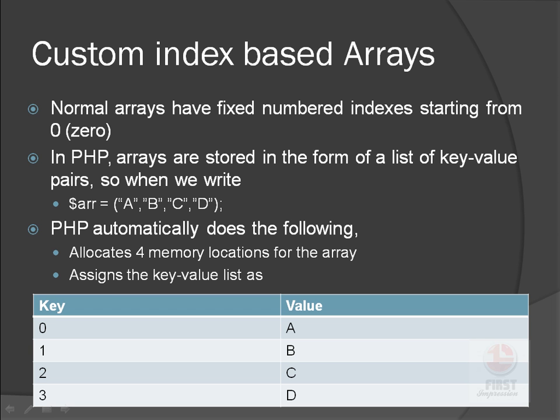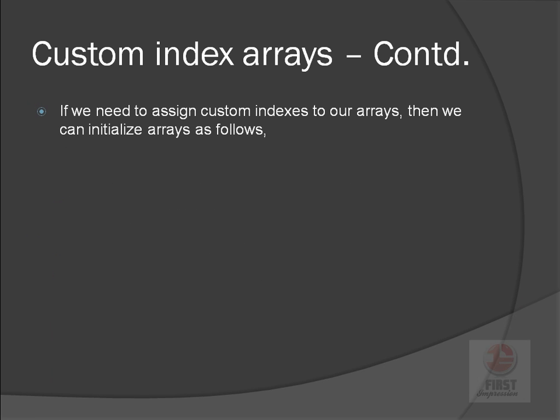So if I say $ARR[0], it indicates that I want to access the 0th key of the ARR array, and that has a value of A. If I say $ARR[4], that indicates I want to access the 4th element or the 4th index of the array, which will have some value. Similarly, if we need to assign custom indexes to our array, then we can initialize the arrays as follows.